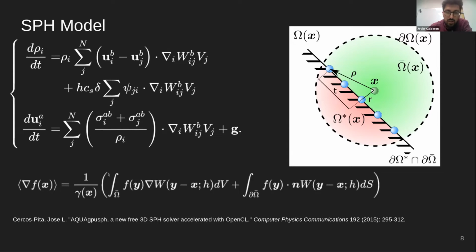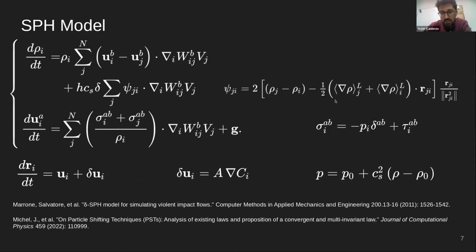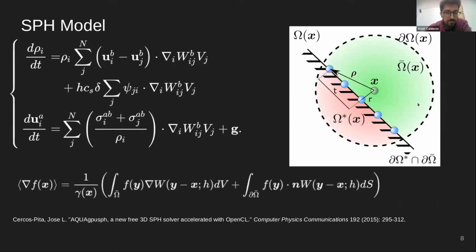So I didn't mention, but for the momentum equation, what we are doing is to model directly the stress tensor. So we can divide it in the pressure term and in a stress shear term. And the main question here is how to model this second term.